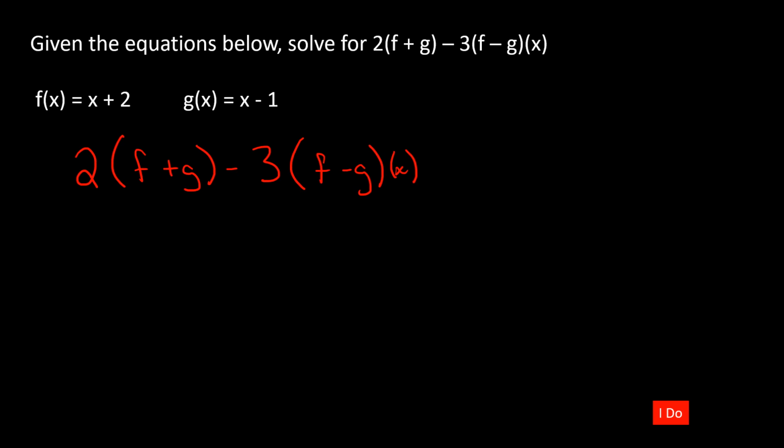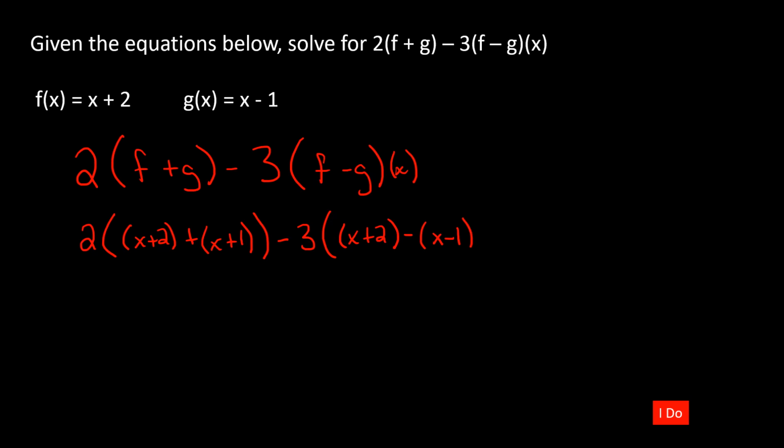Our f value is, and I'll put it in parentheses, x plus 2. That is f. G, in this case, and we're going to do plus, is x plus 1. We close that up. Minus 3 times f, again, is x plus 2, minus g, which is x minus 1.